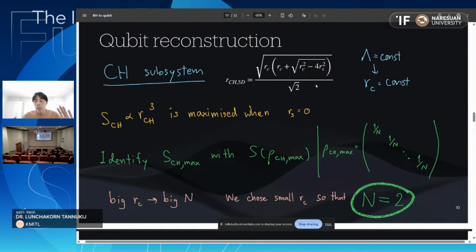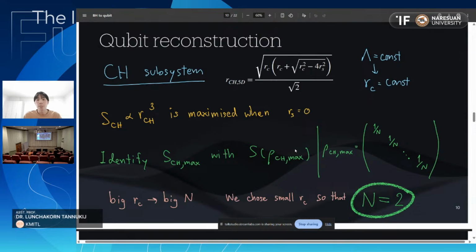The assumption that I used is this: if you take a look at this radius, and since we know that the entropy of this subsystem is proportional to this radius cubed, this thing must be maximized somewhere.